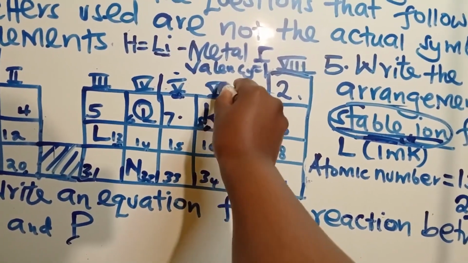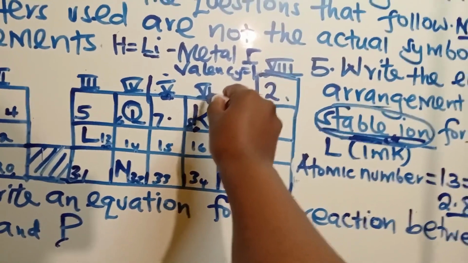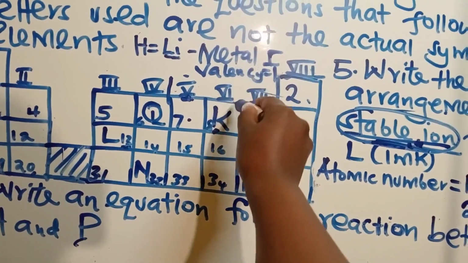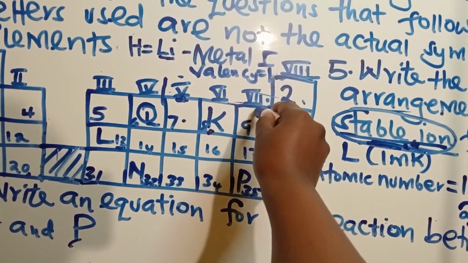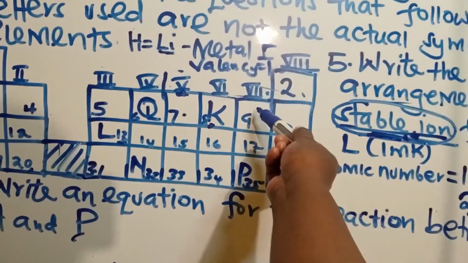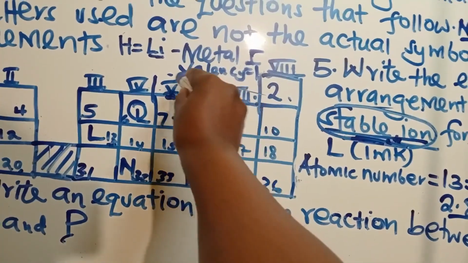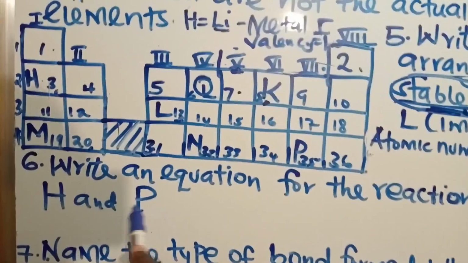In group 6, they are required to gain 2, because they have 6 electrons in the outermost energy level. For group 7, they need to gain 1, so they have valence 1. Group 6 have valence 2. Group 5 have valence 3. So you understand?